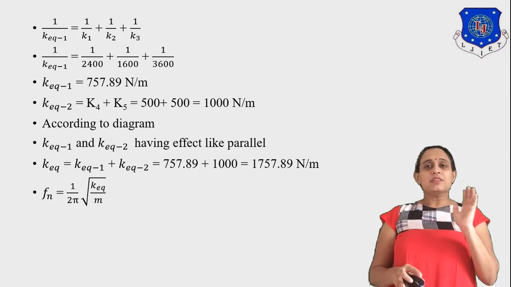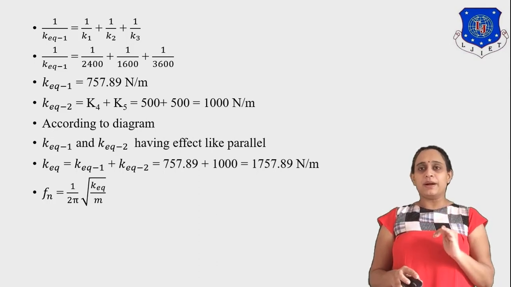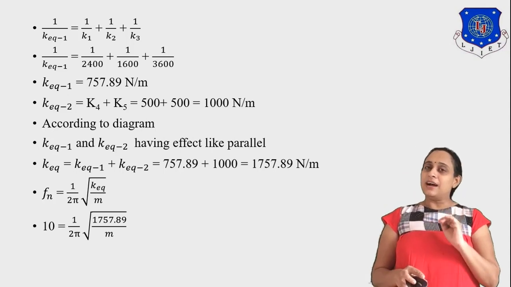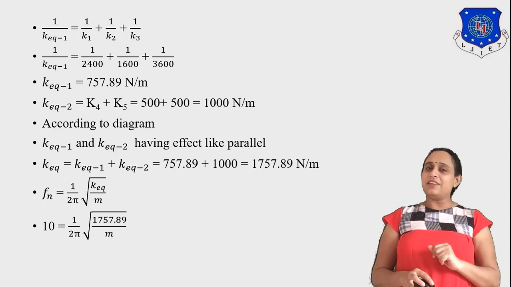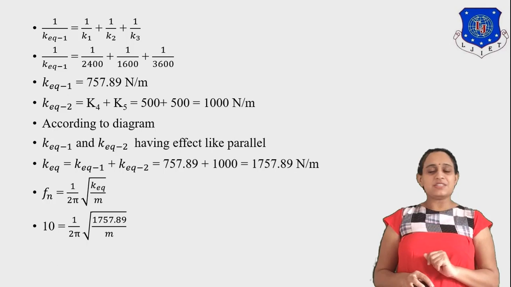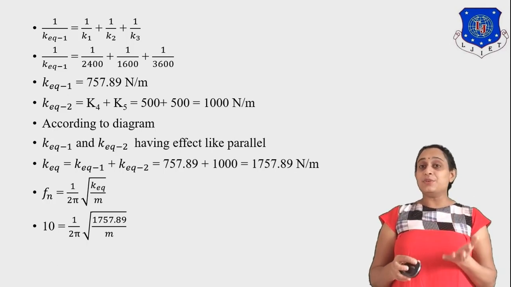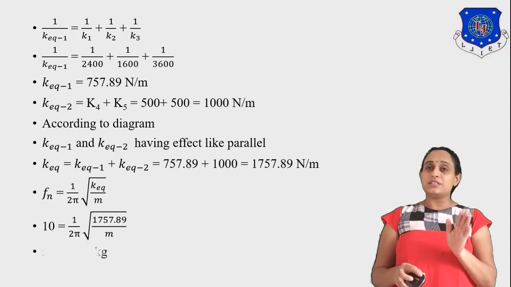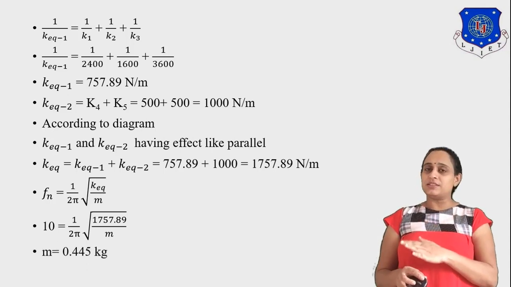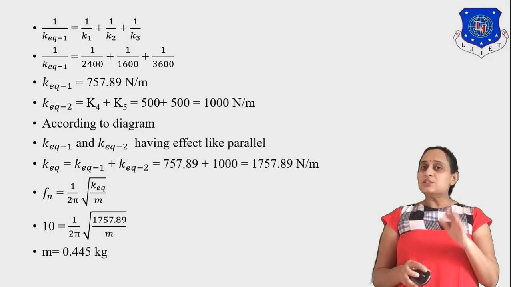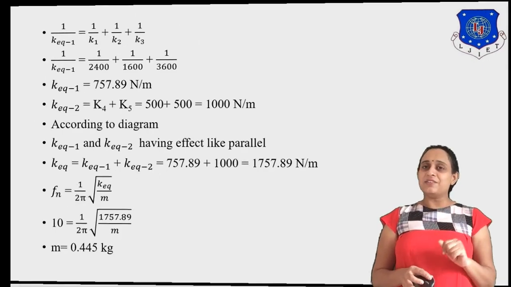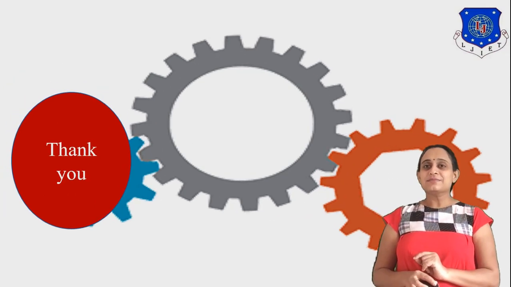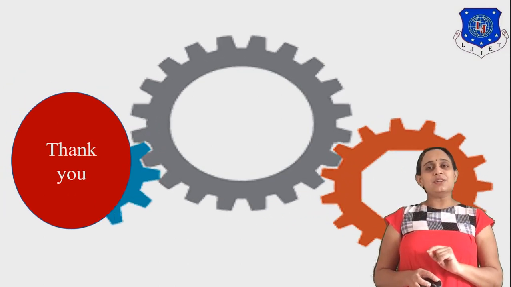So let us have frequency Fn is equal to 1 upon 2 pi under root of K equivalent by M. So let us put the value of frequency, which is 10. 1 upon 2 pi, as we all know the value of pi, and put the value of K equivalent, which is 1757.89 divided by M. By solving this equation, we will get the value of M as 0.445 kg. Okay, so this is our numerical.